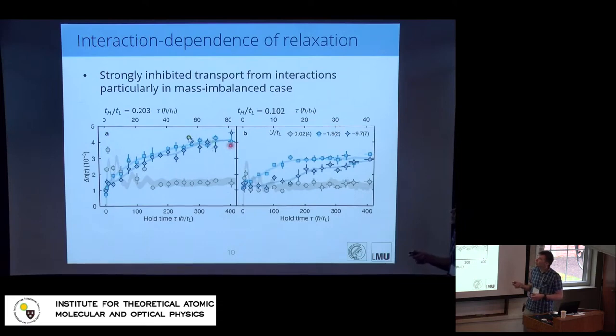This is now comparing two different scenarios. That is the scenarios where there is either a significant but not super dramatic factor of 5 difference between the tunneling speed of the light and the heavy particles, whereas there's a much stronger factor of 10 ratio between the two masses, or the two tunneling speeds, in the other case.